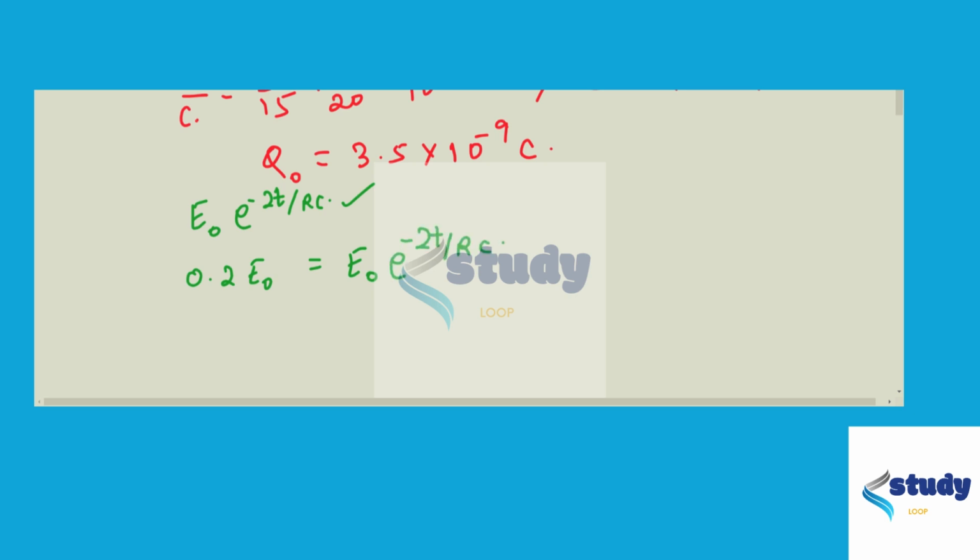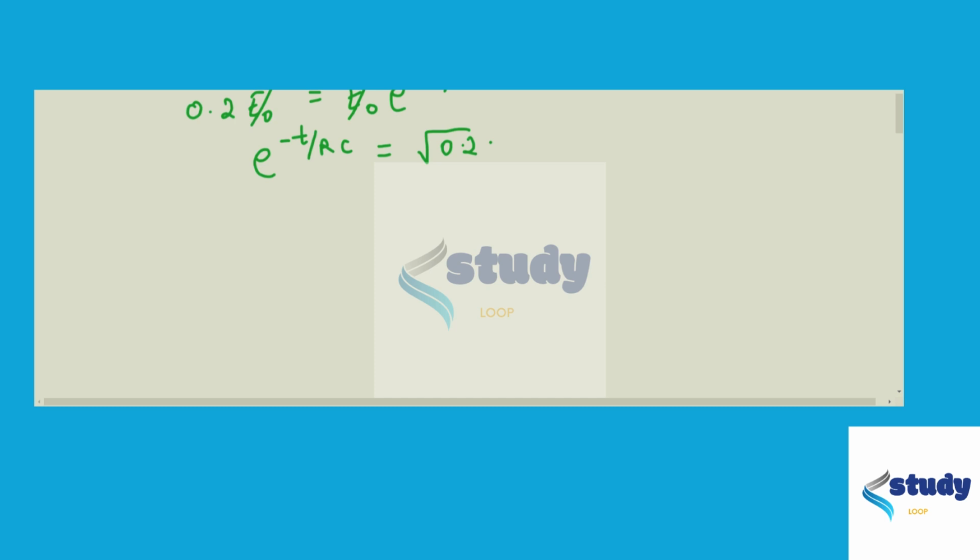From here we can cancel this E naught and get the value of e to the power minus t by RC as root of 0.2. And we know the expression of current for a discharging capacitor. It will be I equals I naught e to the power minus t by RC.